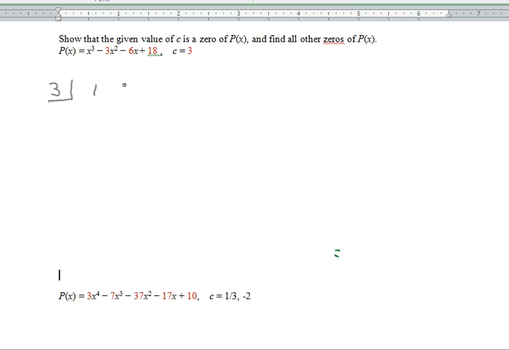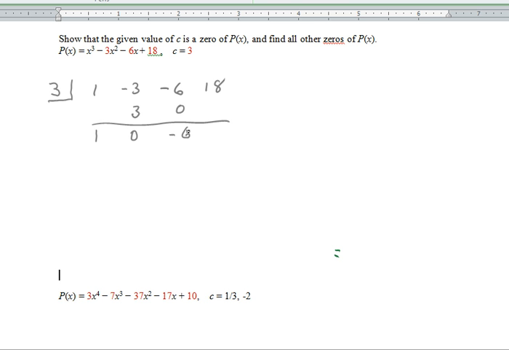We use the coefficients in synthetic division. 1 will be the leading coefficient in the quotient. 3 times 1 is 3. Negative 3 plus 3 is 0. 0 times 3 is 0. 0 plus negative 6 is negative 6.